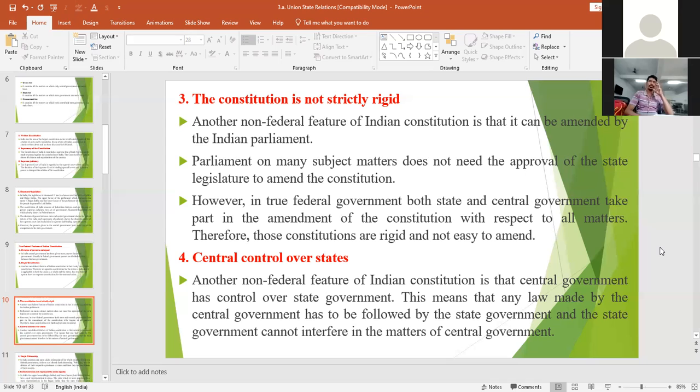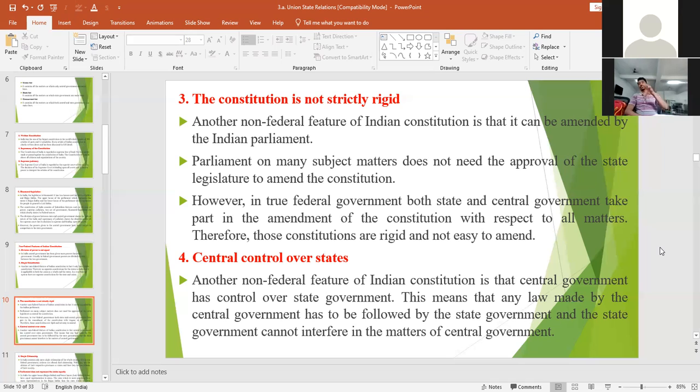Another more important non-federal feature of India is the state control over the state. In the Indian Constitution, the central government has control over the state governments. This means that any law made by the central government has to be followed by the state governments, and the state government cannot interfere in the matter of the central government.